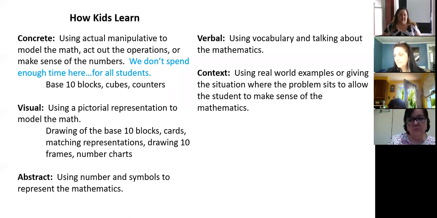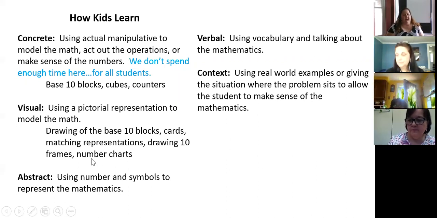We would have started with those base 10 blocks and allowing students to use the physical manipulatives to actually act out that math. We then move into the visual, so using that pictorial representation to model the math. So that's when I drew the base 10 blocks on our board here, or we made an area model that we drew out on the board.